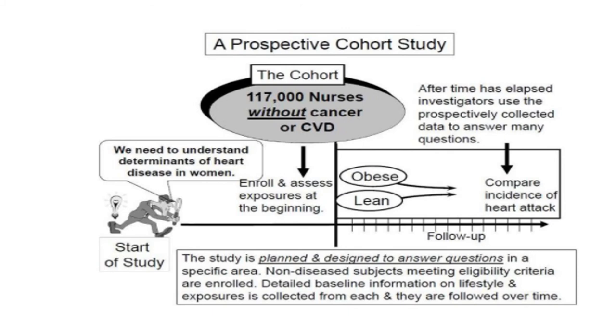So here is an example of prospective cohort studies. Suppose at the starting point, your hypothesis is that smoking can cause cardiovascular risk or obesity can cause cancer.